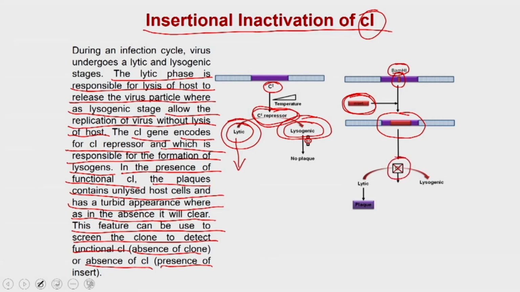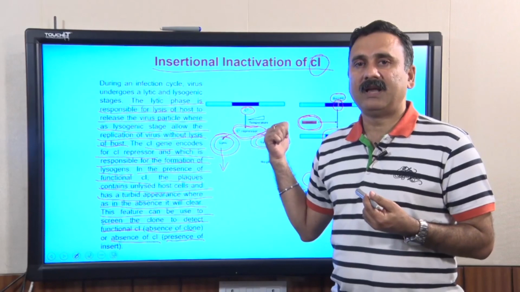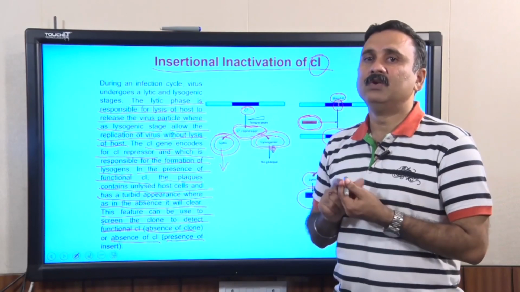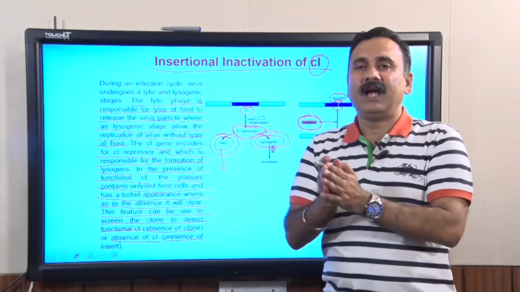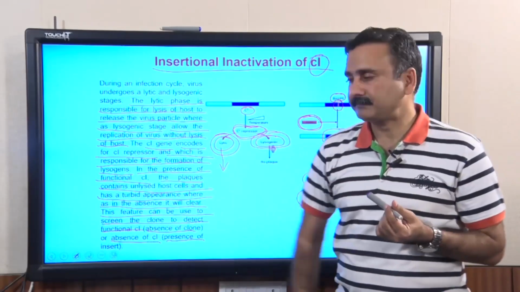Once you cannot generate the functionally active CI protein, the virus cannot go to the lysogenic cycle; it has to go through the lytic cycle, and that is how it forms the plaques. So, if you see the formation of plaques after your cloning as well as the transfection using this type of viral vector, you will be sure that your insert is within the CI gene.